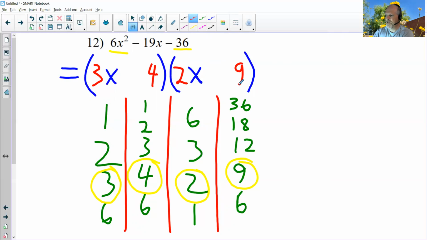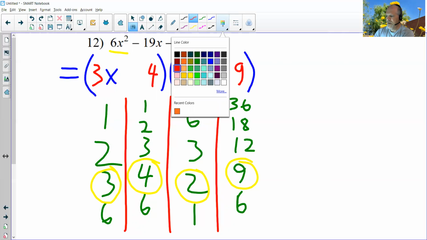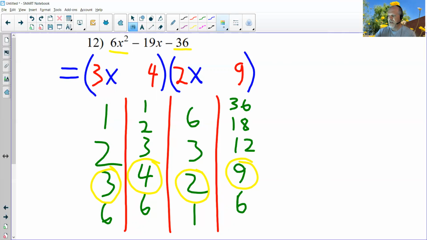Now let's put our signs. So our signs, since I have a negative 36 here, that tells me that the 4 times 9, one of them is going to be a positive, one will be a negative. But I'm not sure which one.